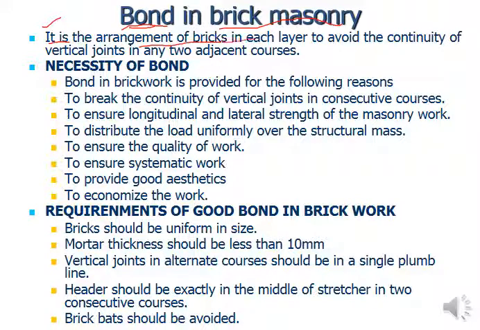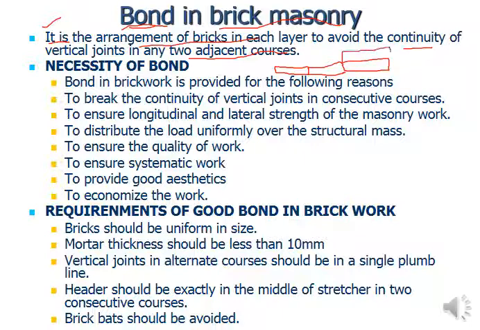It is the arrangement of the bricks in each layer to avoid the continuity of the vertical joints in any two adjacent courses. That's what I told you last time also. Let's suppose you have a stretcher course in one course, that may be the first course, and you want to lay bricks in another course above that.